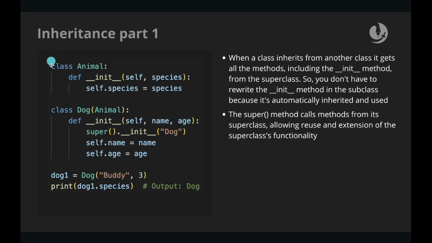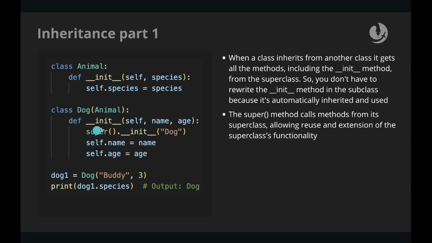So over here in the superclass, we have the init method, and we need to set up the species. In the dog class, we need to set up the name and the age. But since we are inheriting from the animal, we also need to set up the species.